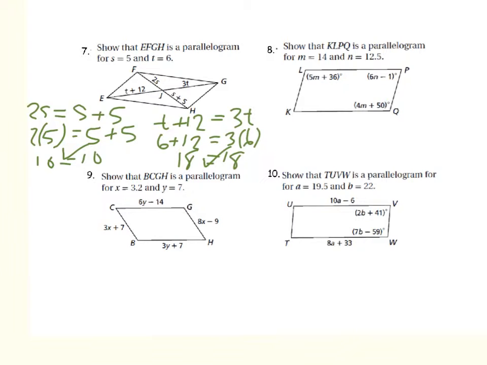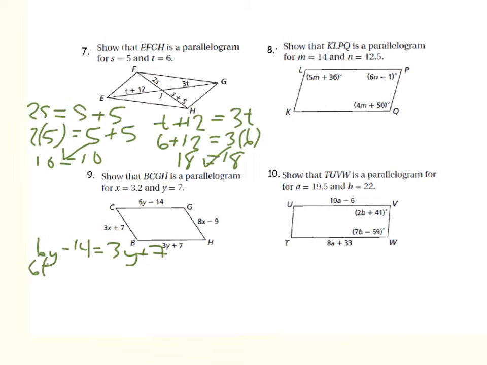Okay, number 9. Show that BCGH is a parallelogram for x equal to 3.2 and y equal to 7. Okay, so here we have sides, and we know that based on our parallelogram properties that the opposite sides are congruent. So that means 6y minus 14 should equal 3y plus 7. So we're going to confirm that.